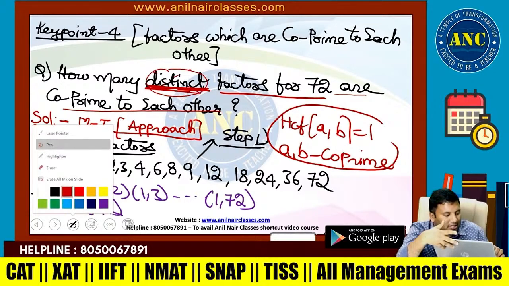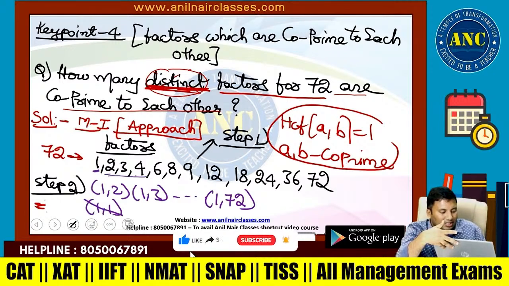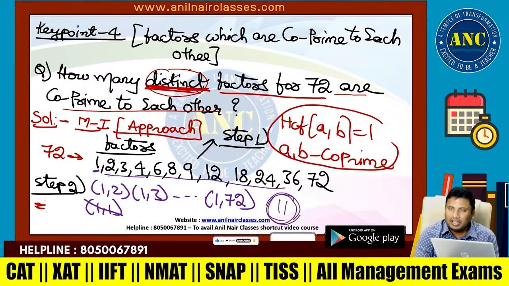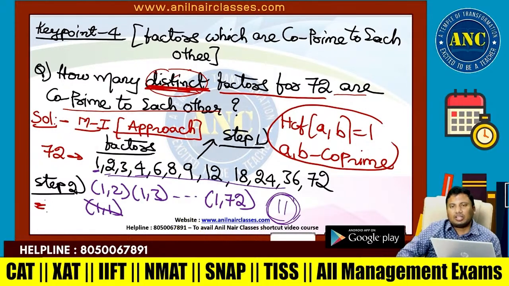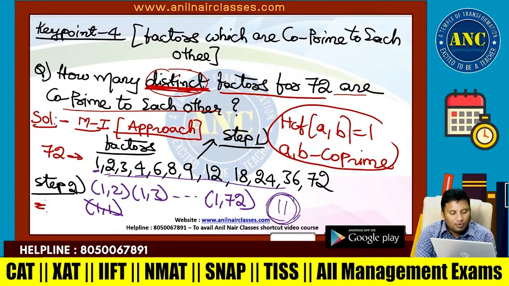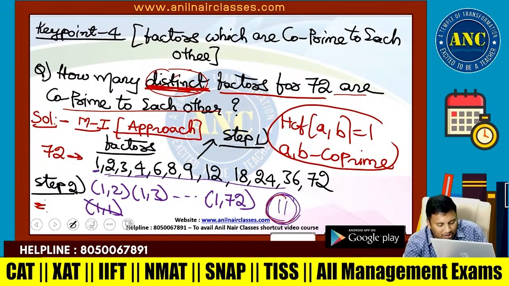Totally, how many numbers are co-prime with 1? There are 11 numbers which are co-prime with 1. Am I right?